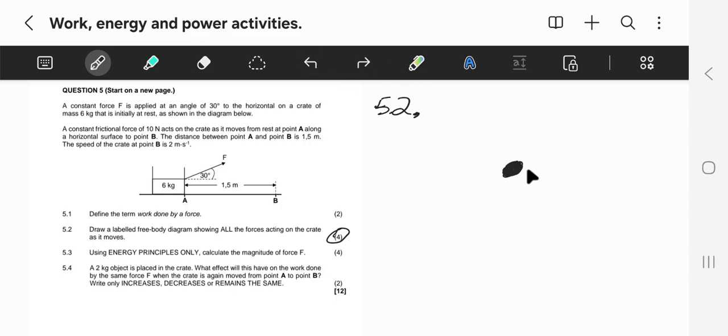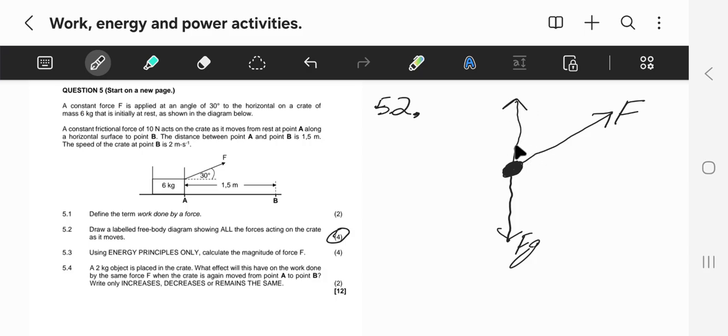So we'll put our F there. I need to fix my angle. That's our F. And now we put the invisible forces. We have the force of gravity, or weight. We will have the normal force going upwards.